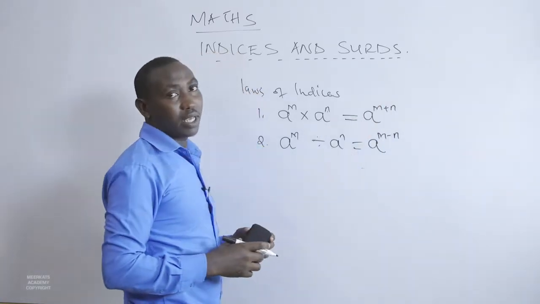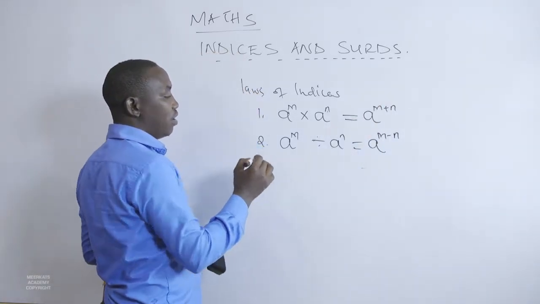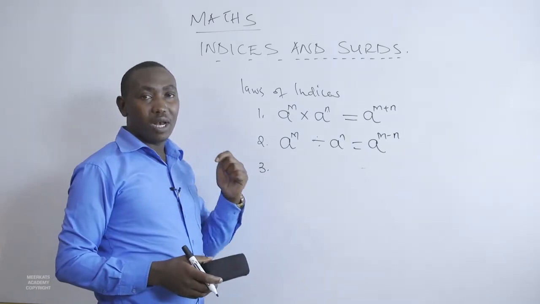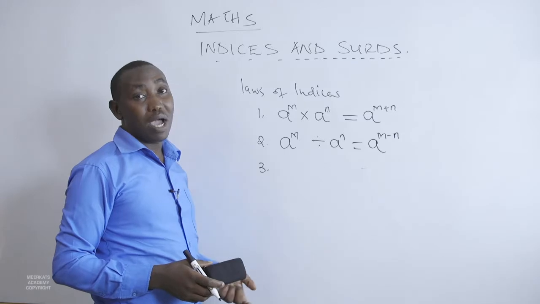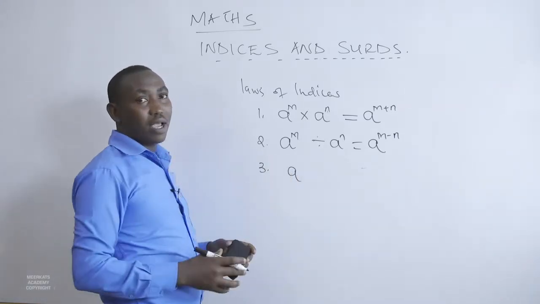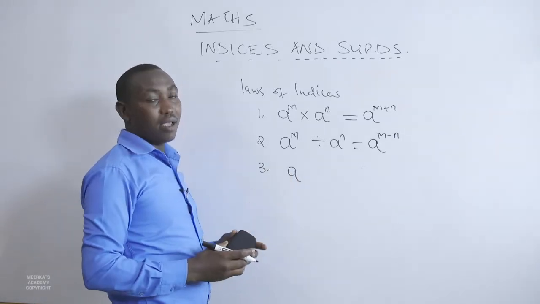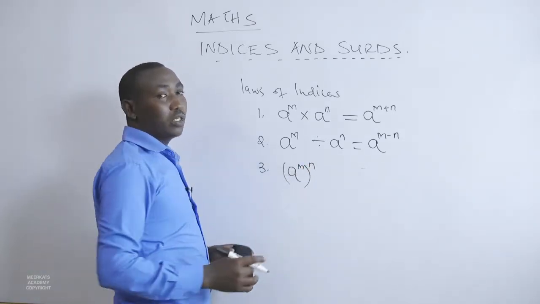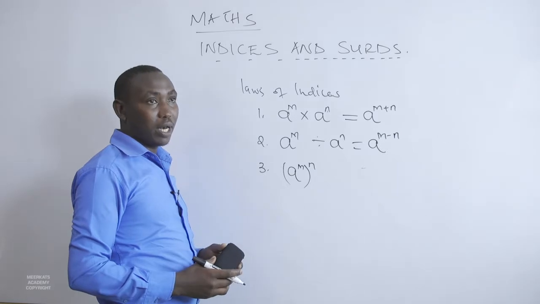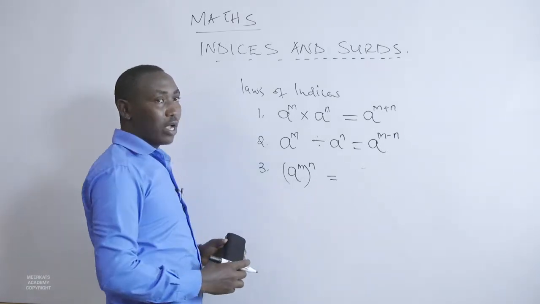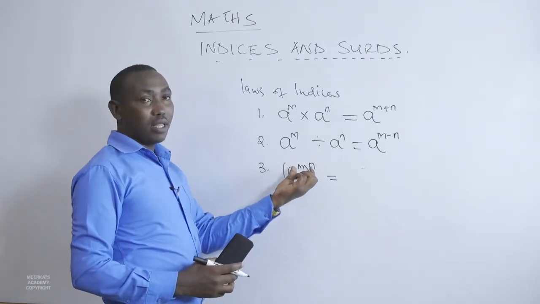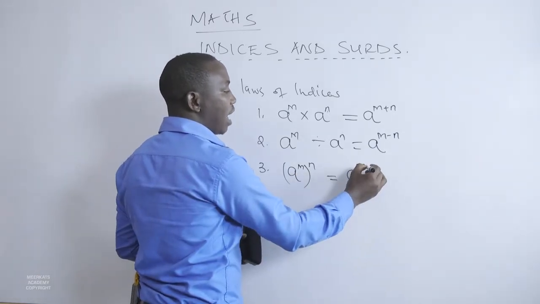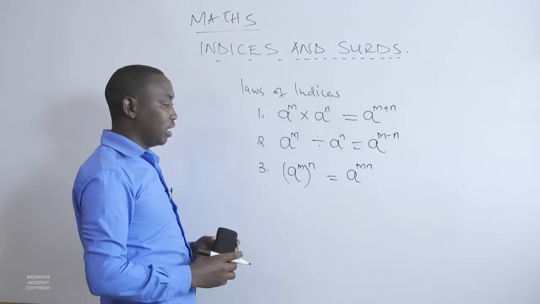The third law is the case whenever you have a power of another power. For example, a raised to power m, and again we raise the whole of this to power n. In this case we multiply the two powers together, and the result will be a raised to mn, the product of the two.